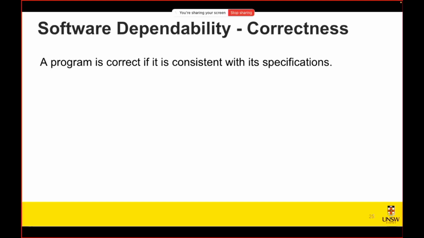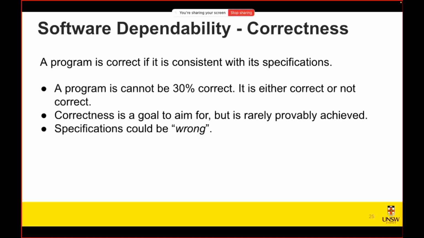So correctness is to check whether the software actually follows the specification or not. And if you have learned about formal verification, there are formal specifications as well. Those are low-level details about the program, not functional specifications. And here we are only talking about functional specifications.